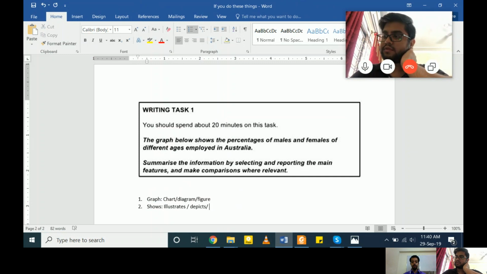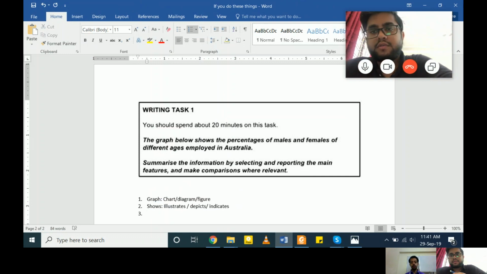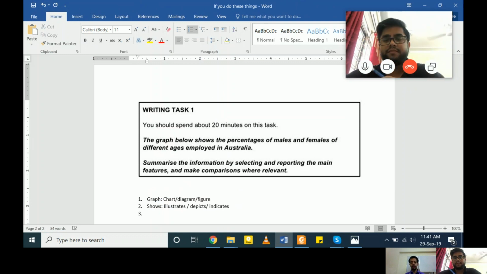Third one, indicates. Right, now these are good words. These are the words that make complete sense. While writing, you have to first judge the sense of the sentence. Then you have to write the word which is appropriate. Okay, now moving towards our next, just give me a second here.